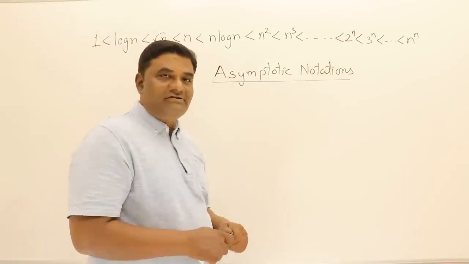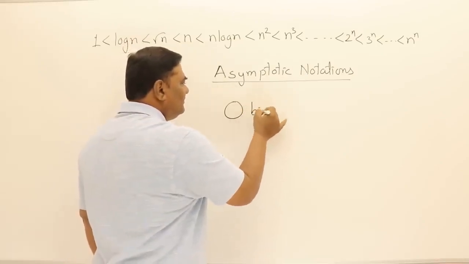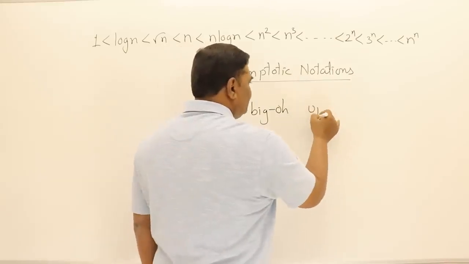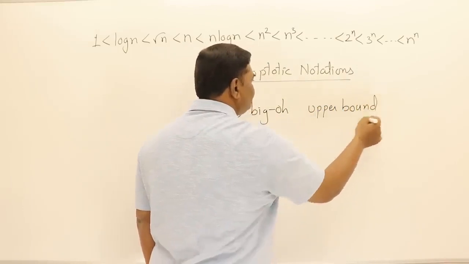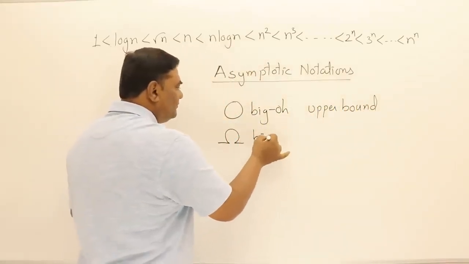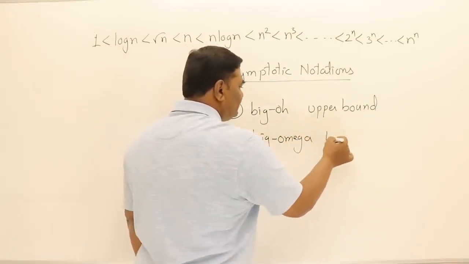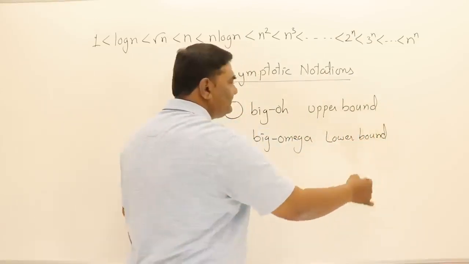What are the notations used? Big O notation works as an upper bound of a function. Big omega notation works as a lower bound of a function.